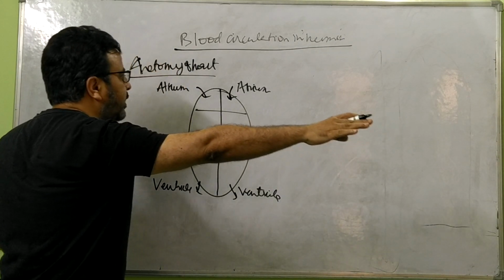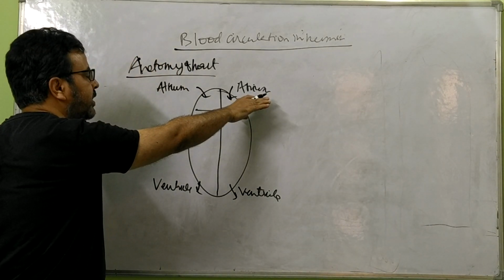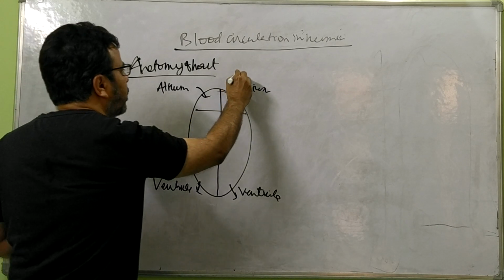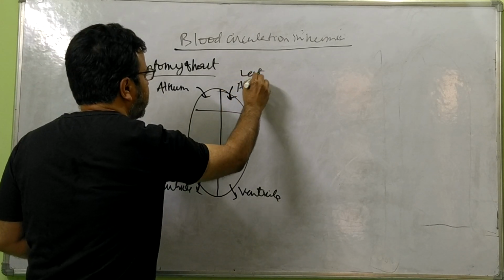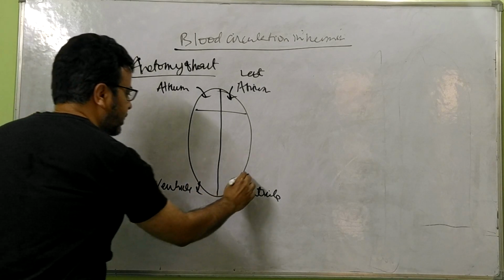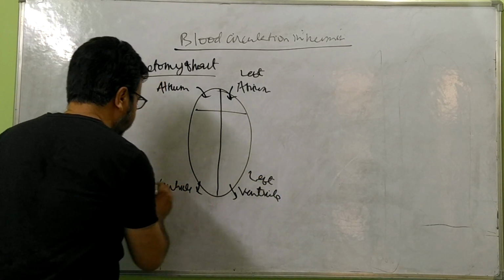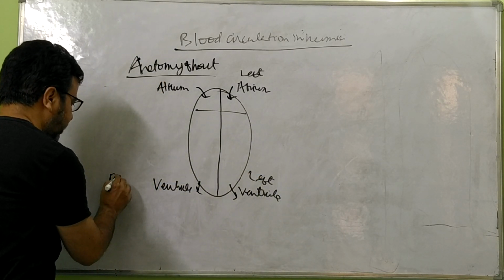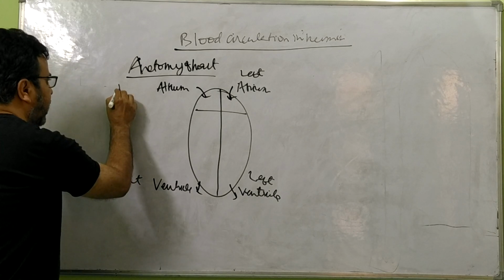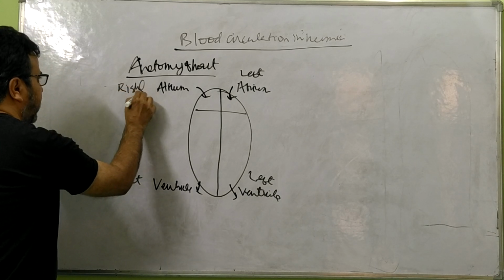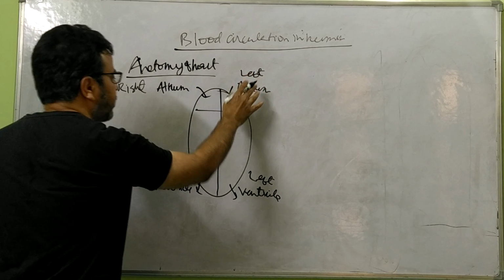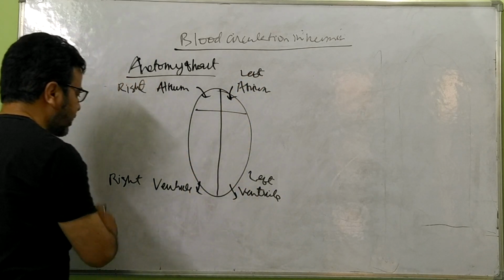This is my right hand, and this is the right side, opposite the left side of the board, and thereby the right ventricle and right atrium. So this is the right atrium, this is the left atrium, this is the left ventricle, this is the right ventricle.